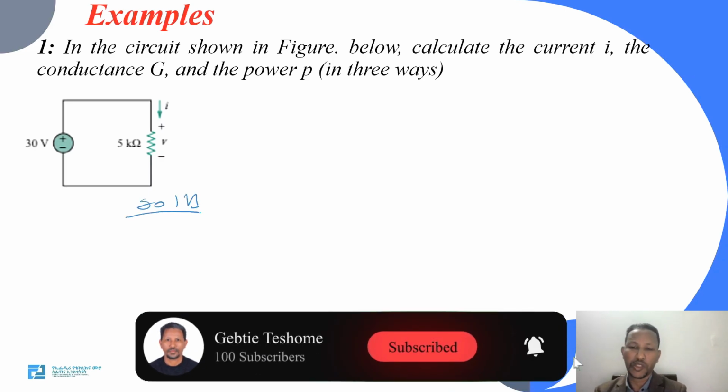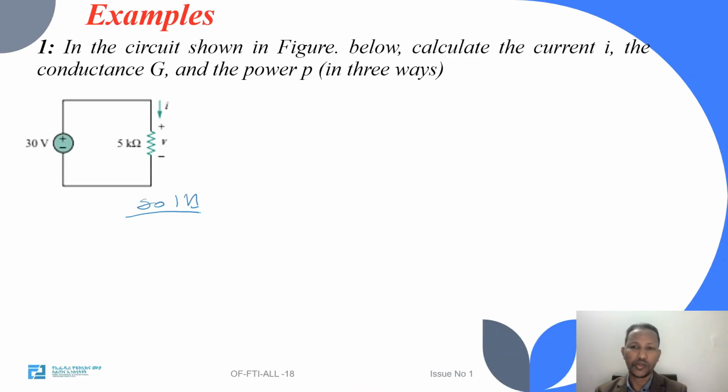We have a simple circuit consisting of one voltage source and one resistor. The resistance is 5 kilo ohm, and the source voltage is 30 volts. So the circuit has two elements. Let's first determine the current by applying Ohm's law.